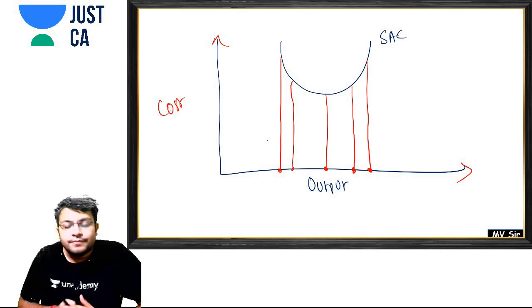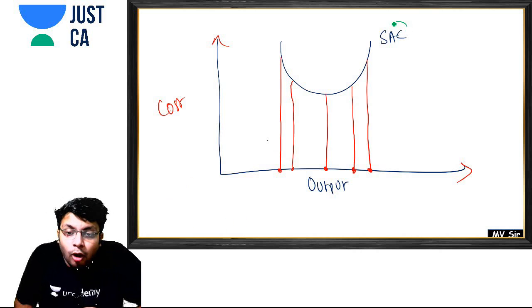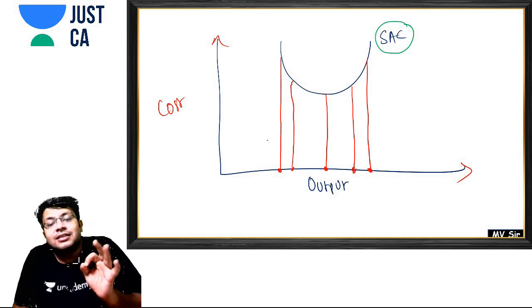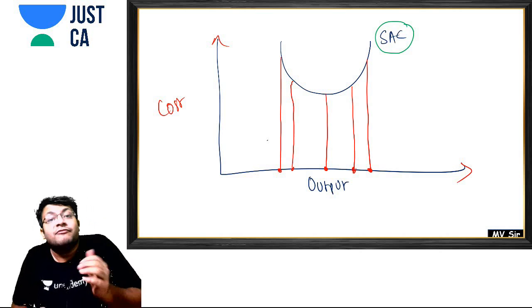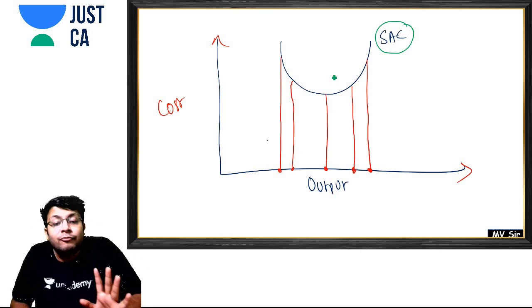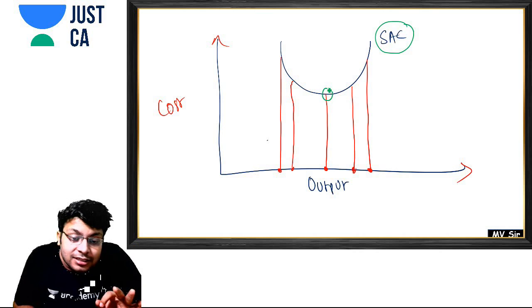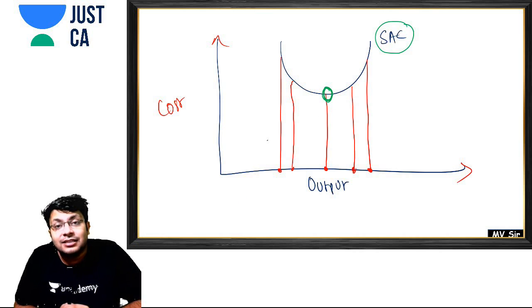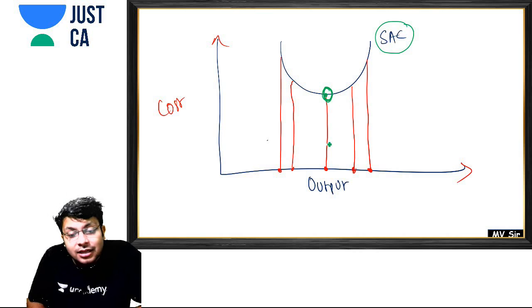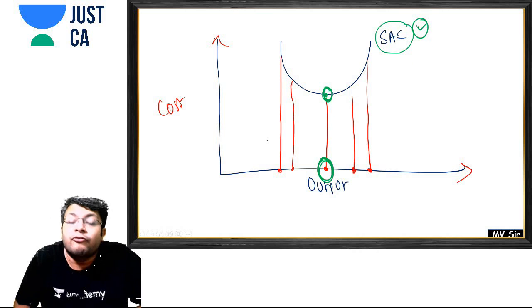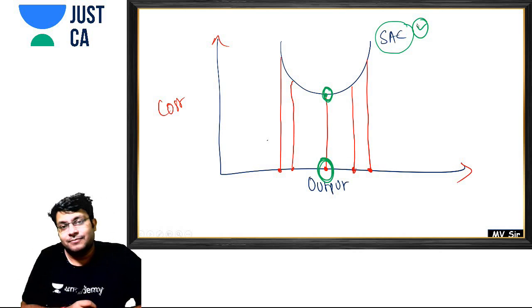On my one plant size, I can produce multiple levels of output, but the optimum level would be where the SAC is minimum. So actually this is the optimum level of output for this particular plant size.